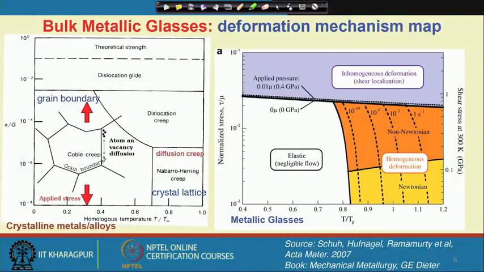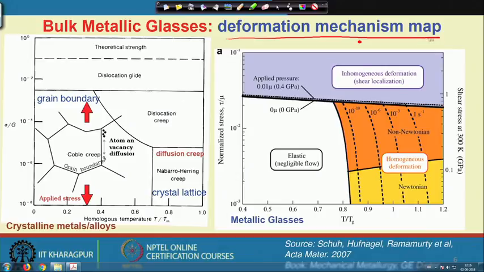So, all these mechanisms that I had discussed in this local deformation, homogeneous, inhomogeneous flow, recently it has been summarized, and people came up with some deformation mechanism map, and this deformation mechanism map is also available in case of crystalline metals and alloys.